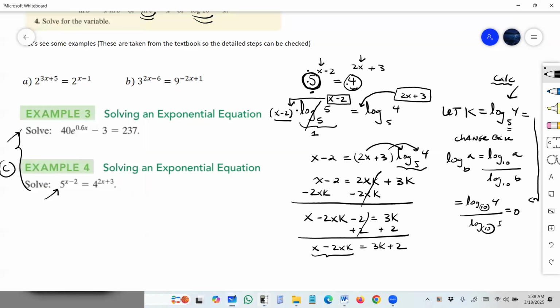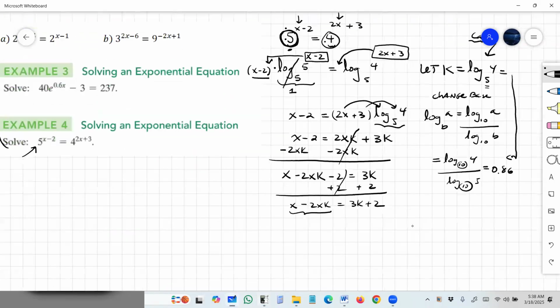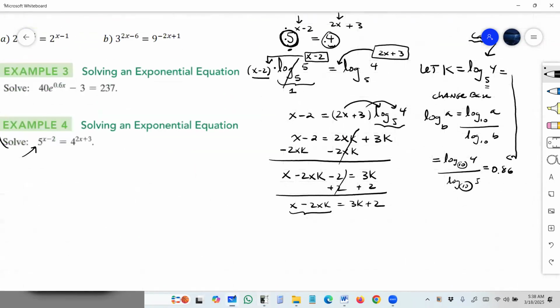It's close enough for our purposes, 0.86. So now I am down here. Okay, so this is x minus 2x times 0.86 equals 3 times 0.86 plus 2.